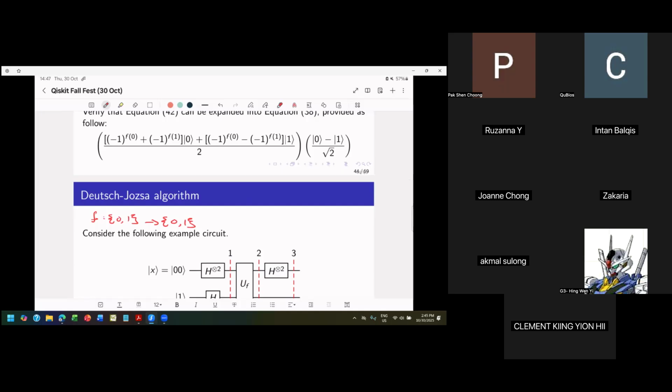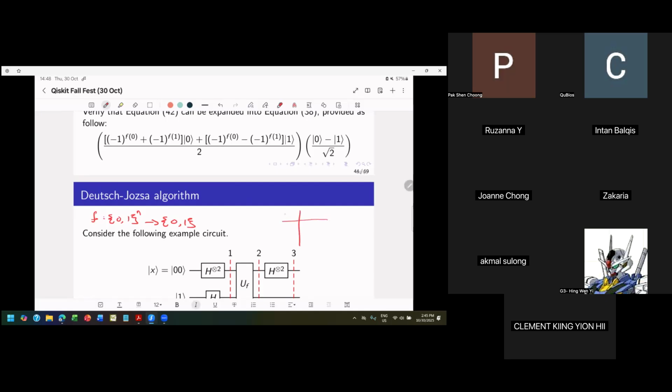So what the George algorithm does is to generalize this to whatever input with n inputs, and then it gives you one output, either 0 or 1. So what would be the example?